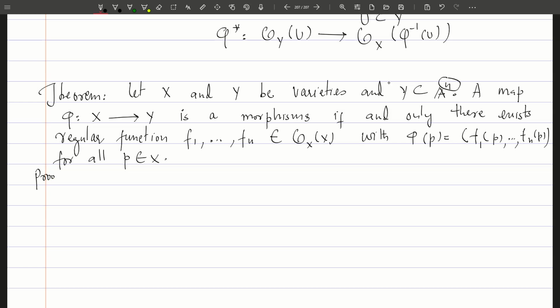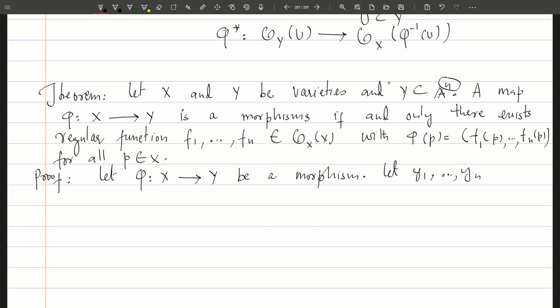Now let us first assume that phi is a morphism. So let phi from x to y be a morphism. Now let us consider y1 up to yn.